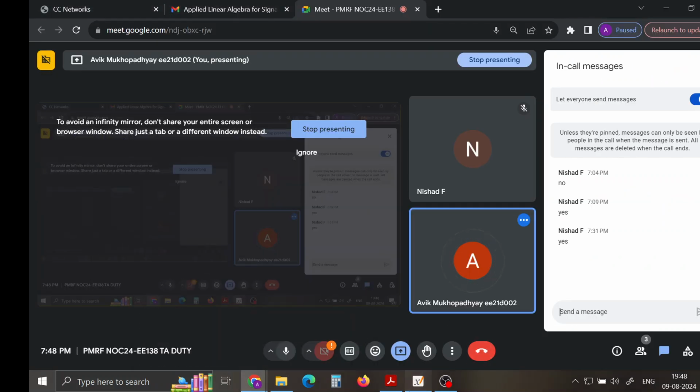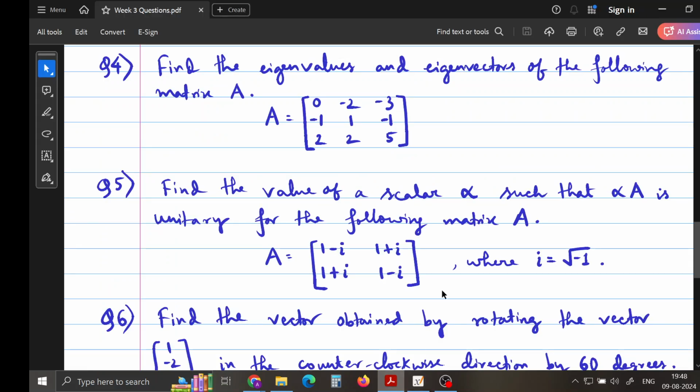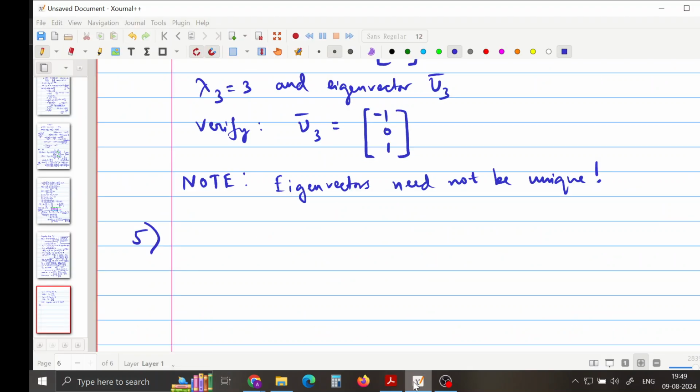Okay. For the fifth problem, you are given this matrix A, which is a 2 cross 2 matrix, and the entries are complex numbers. It's a complex matrix. You have to find the value of a scalar alpha such that alpha times A is unitary. So this question is based on unitary matrix.